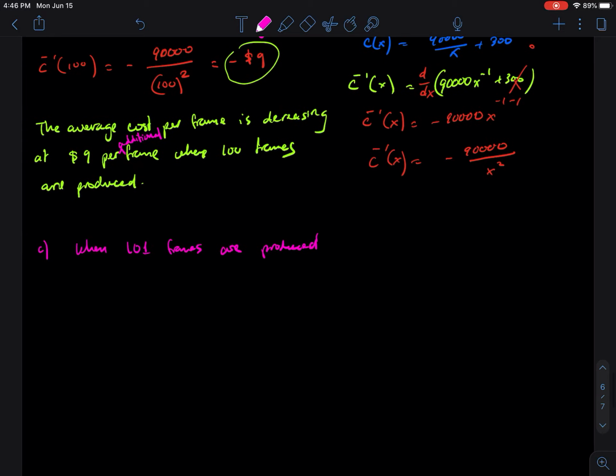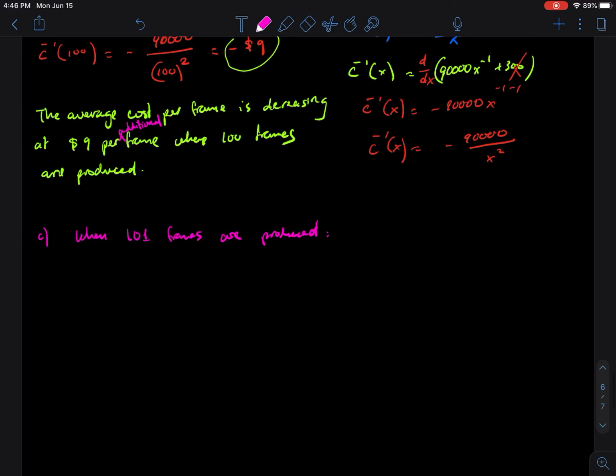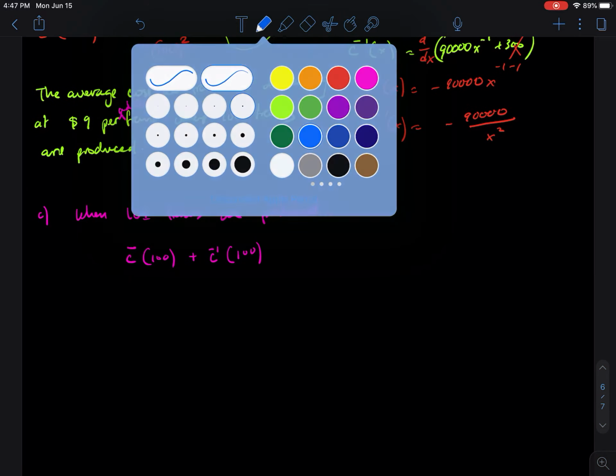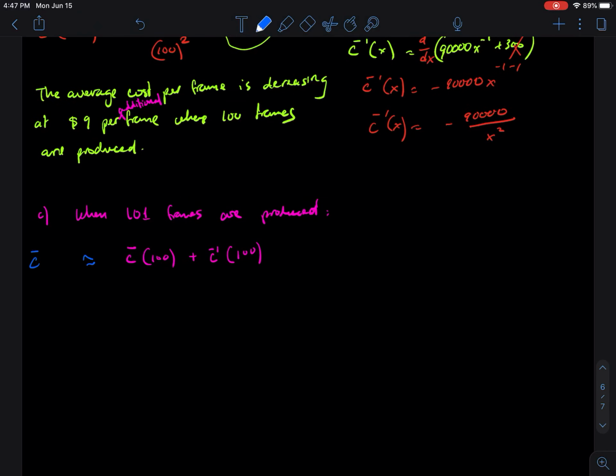We take C bar of 100 and add C bar prime of 100, and this will give us the estimation of the average cost of producing 101.